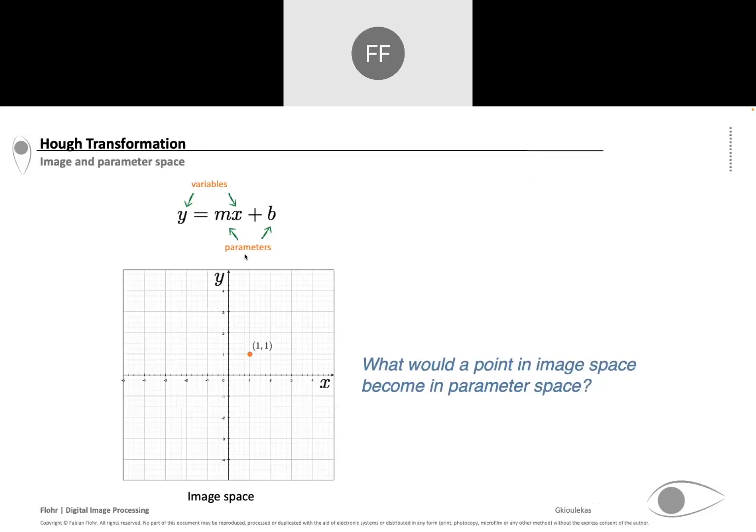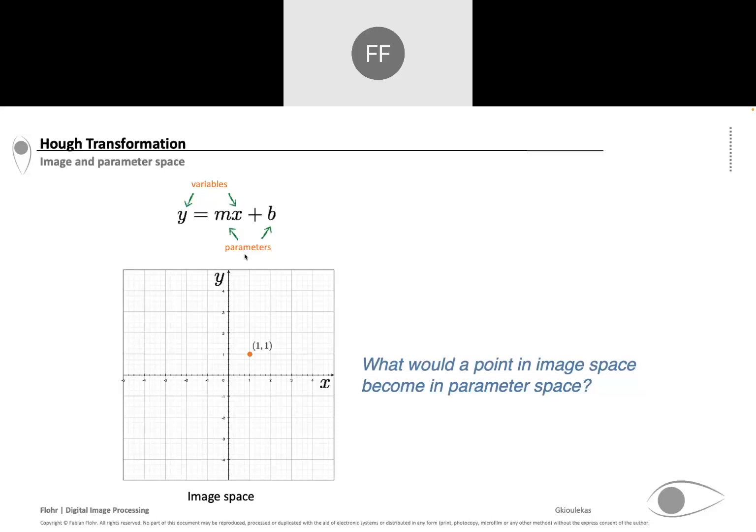Okay. What would a point in the image space become in the parameter space? And what is the meaning of this line in the parameter space? So you have now a line in the parameter space, I agree with you.